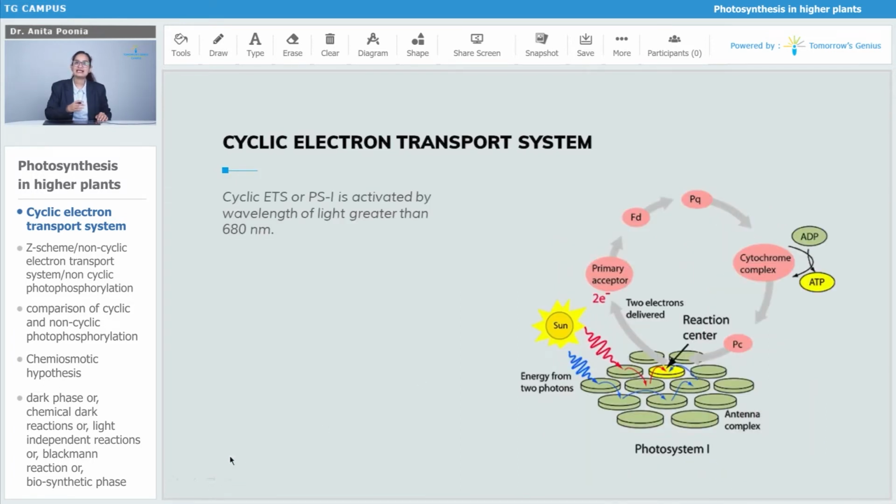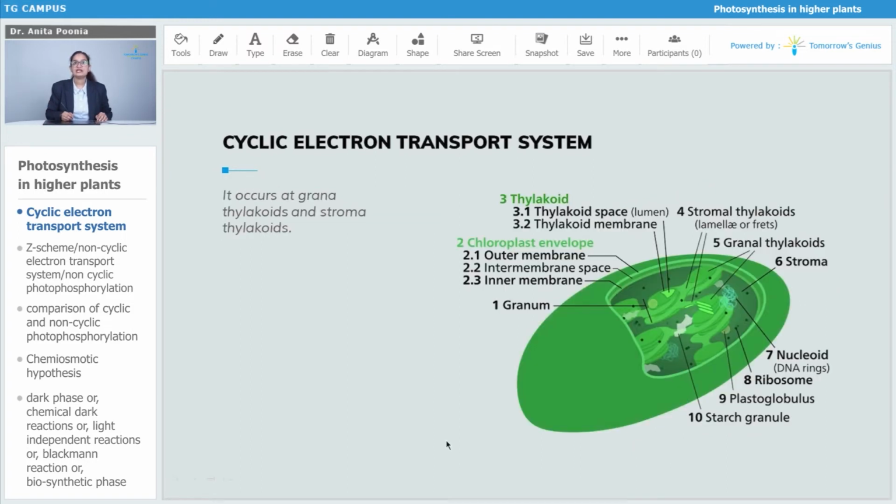Here the cyclic electron transport system or the photosystem 1 is activated by wavelengths of light greater than 680 nanometer. Herein it occurs at grana thylakoid and the stroma thylakoids. So you see the granum, the chloroplast envelope, all these parts, thylakoids you could see. So it basically occurs in the granum thylakoids and the stroma thylakoids.